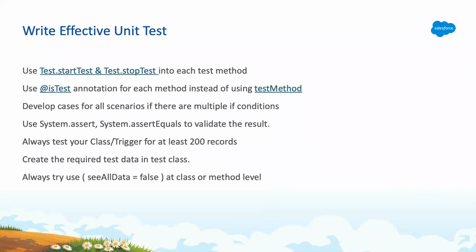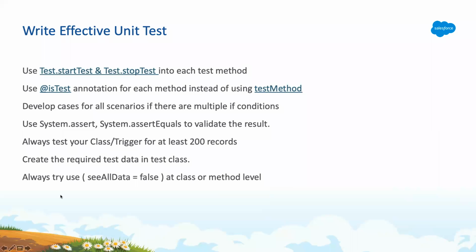When you reduce the use of SeeAllData through annotation, your test class will be more efficient. Otherwise, if you use SeeAllData, it will try to read the whole set of records in your org, so it will increase the testing time and resources in your org.